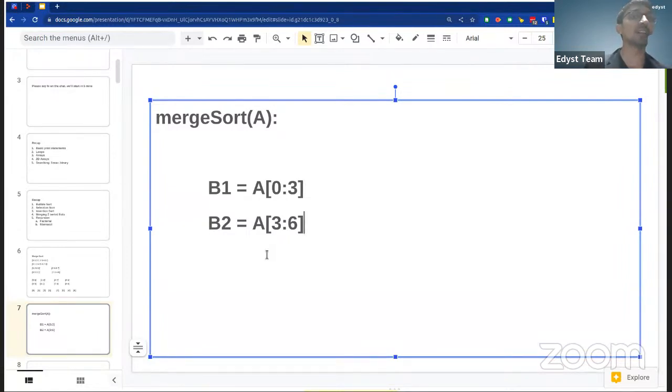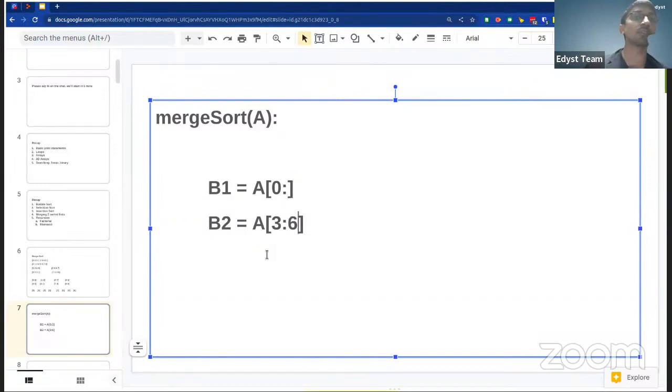I'm saying now, generally speaking, for any general A, you don't know the size. How to find out the size of an array? And what is n? N is the length of the array. That's what I'm asking. How to find the size of the array? Len of A. Very good.